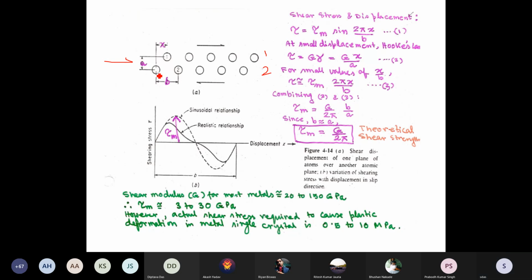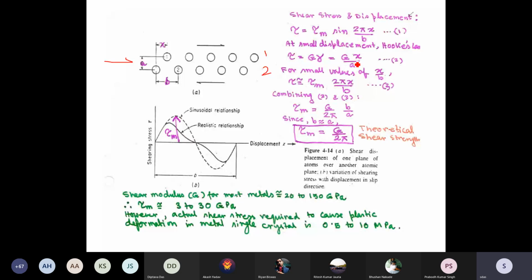So if the displacement amount is very, very small, Hooke's law can be written as tau is equal to G gamma. G is the shear modulus. And gamma is x divided by a for a very small amount of displacement.